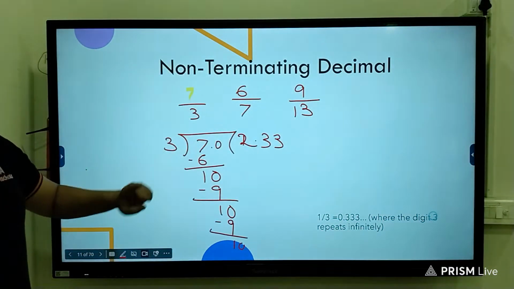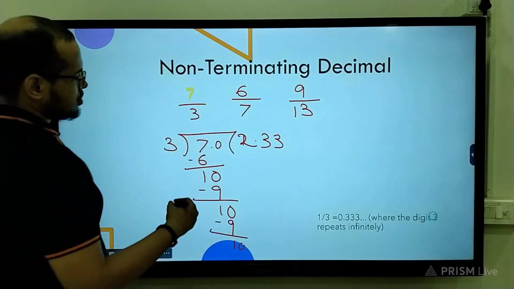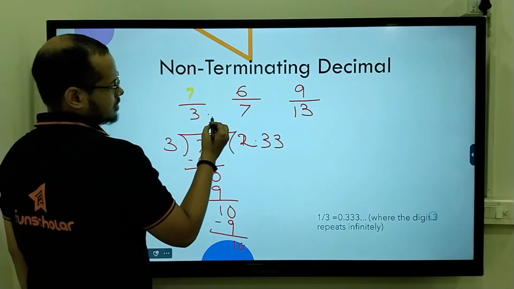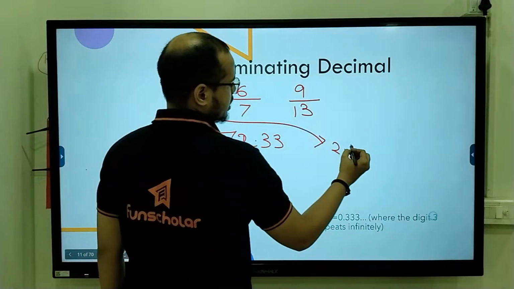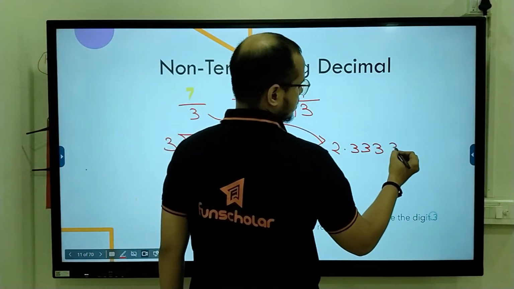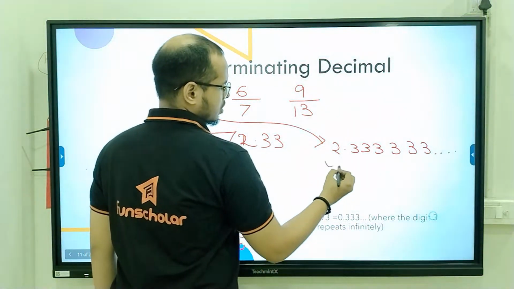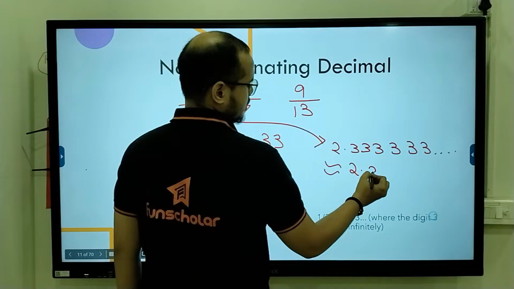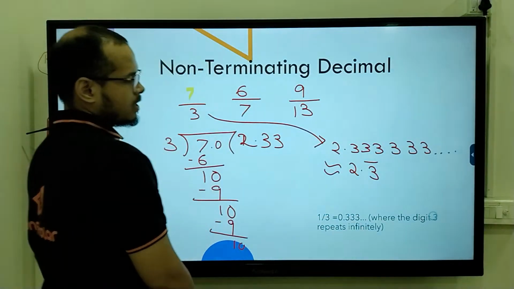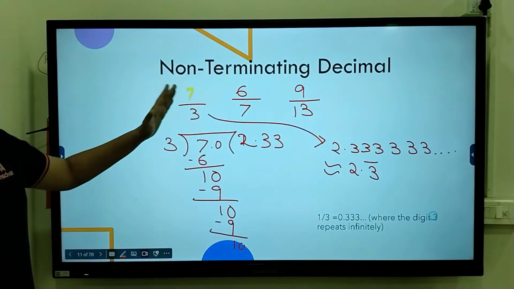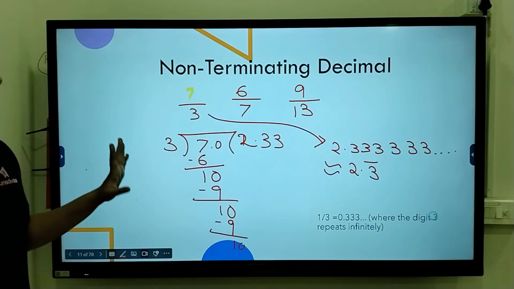This will not be terminating, this won't end. So 7 divided by 3 will actually give us 2.333333, and it will continue. So to make it short, we are going to write it as 2.3 bar. So this is what is known as a non-terminating decimal. It is not going to terminate.